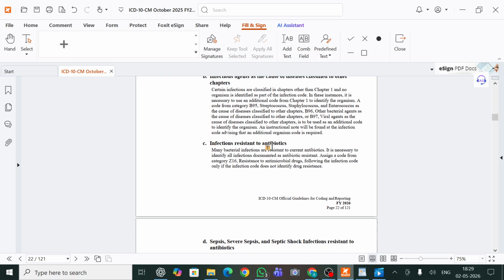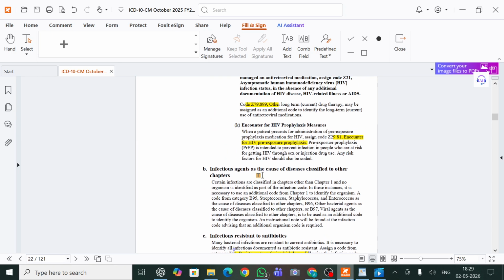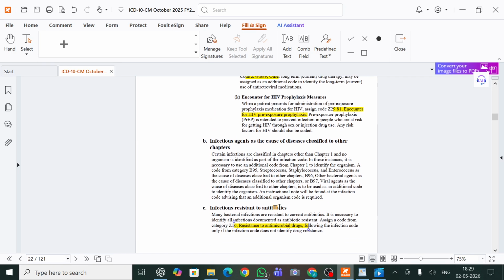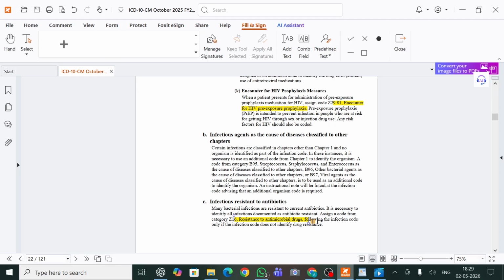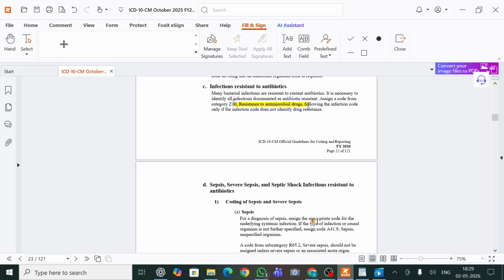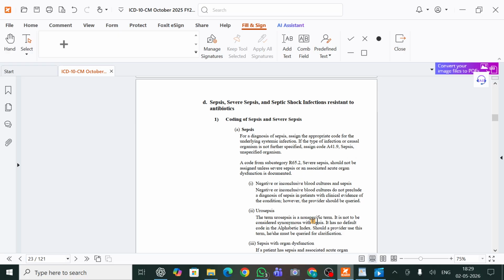And here, infection resistant to antibiotics, that is the treatment for that condition or HIV condition, also has code Z16, that is resistance to antimicrobial drugs. So here we covered all HIV related scenarios and their other infection agents and treatment conditions. Next part we will see the sepsis guidelines in detail, because sepsis is very important in ICD-10. So we will see it in the next session. Thank you so much.